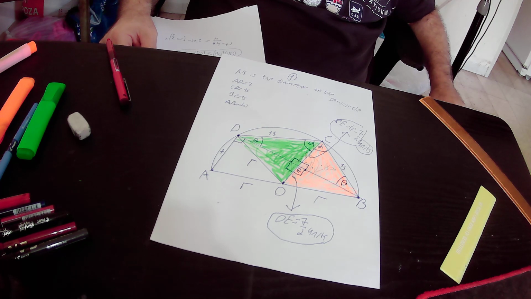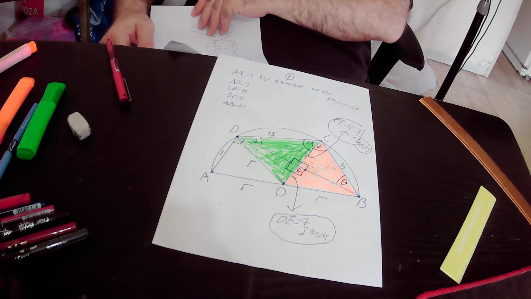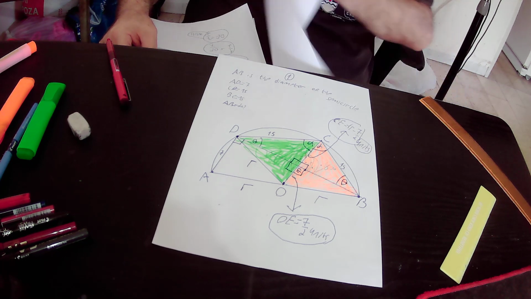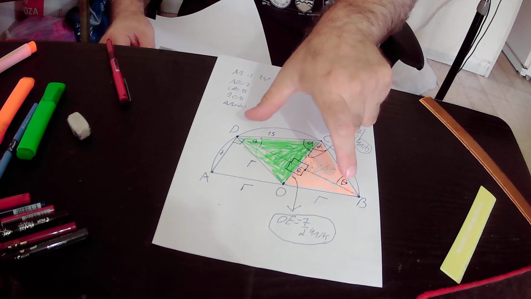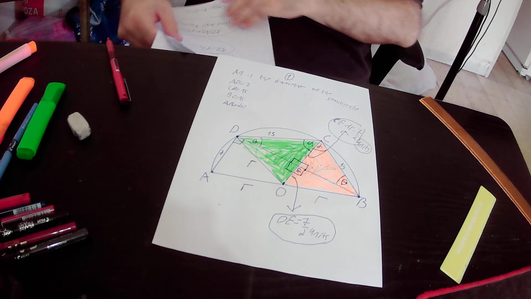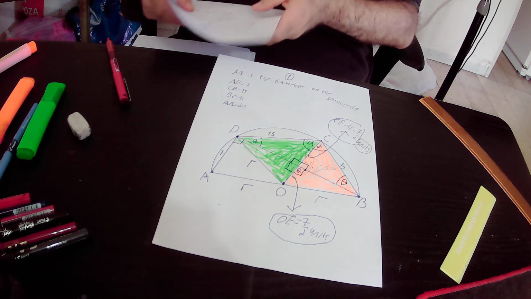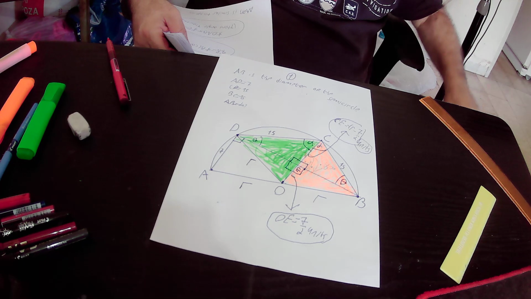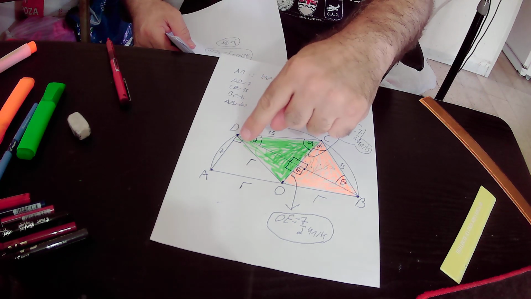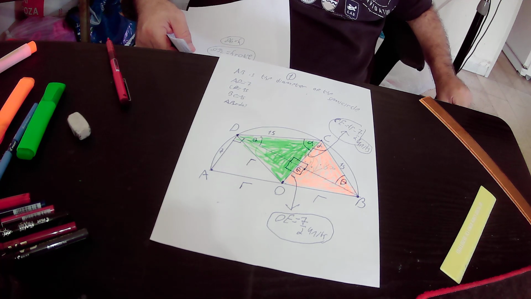And in the first step, we made a construction. We joined points B and D by a straight line, and in this way we created angle ADB, the peripheral angle ADB.